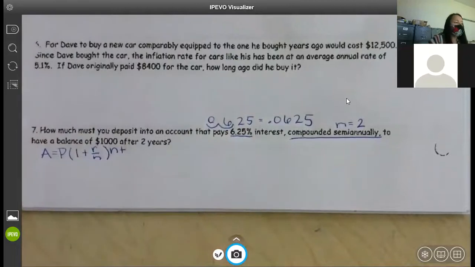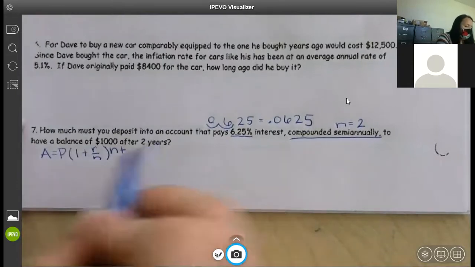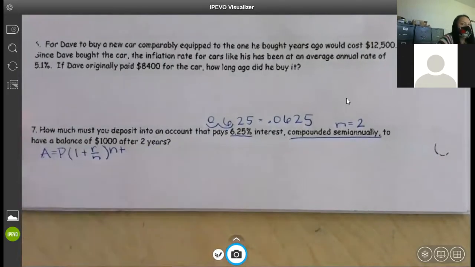So we're going to have to plug into our formula. Okay. So how much should we have in the end? A is how much we had in the end, 1,000.